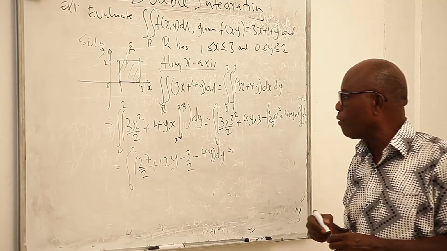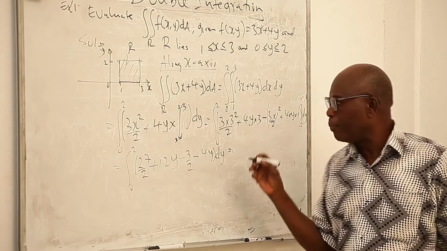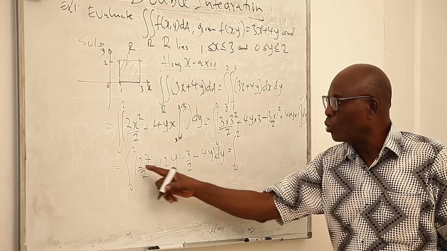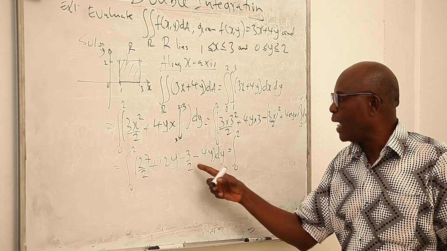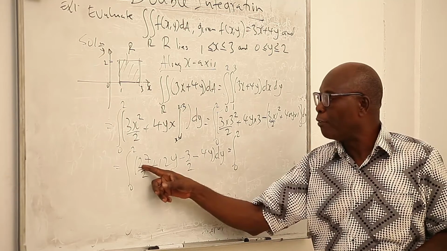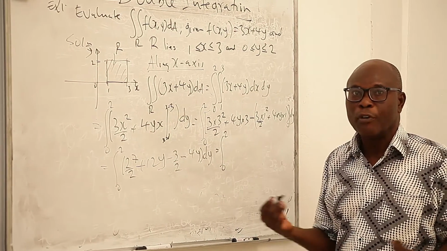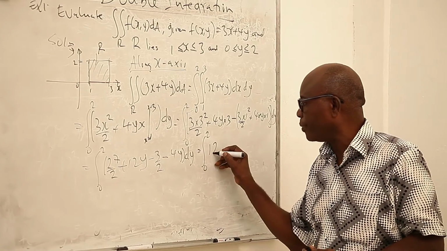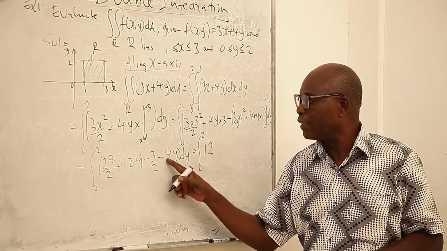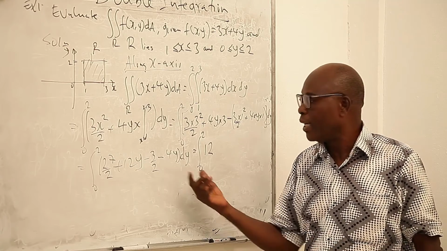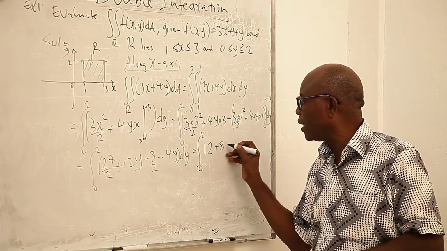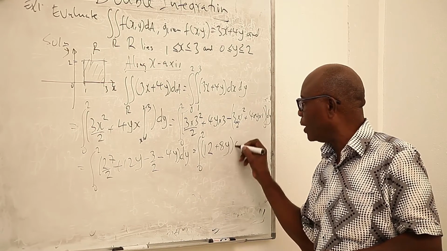We can tidy up further. We have the integral from 0 to 2 of 27 over 2 minus 3 over 2, which gives us 24 over 2, which is 12. Now we have 12y minus 4y, so taking 4y from 12y, we have 8y, dy.